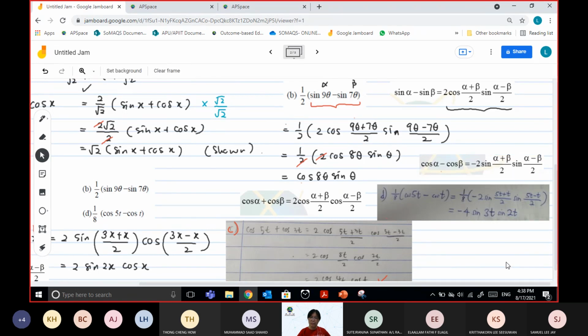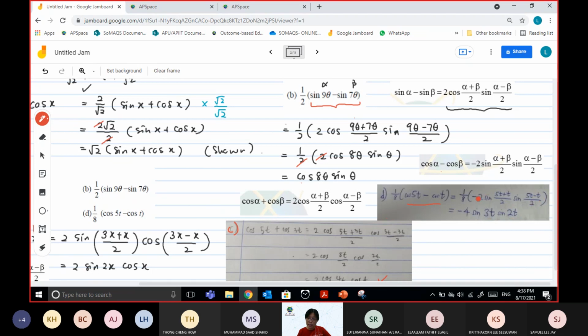Basically, you just substitute this part using the formula. So using this formula, you have minus 2 sine of (5t plus t) over 2, then (5t minus t) over 2. So 5t plus t, 6t over 2, 3t, then 5t minus t, 4t over 2, 2t.